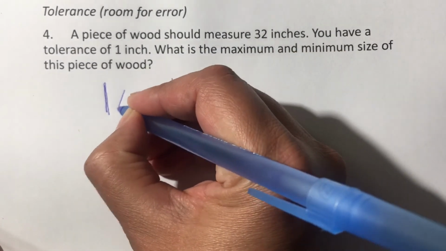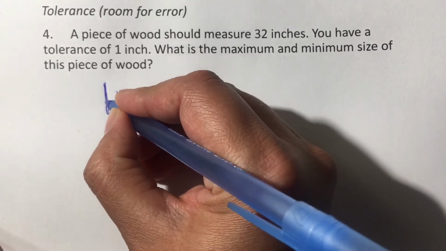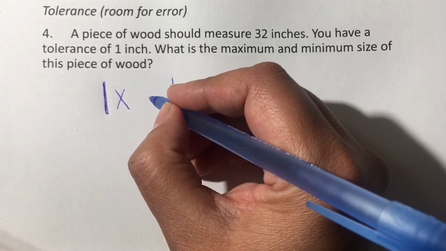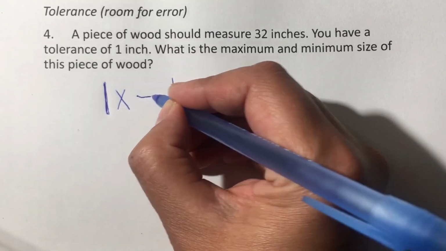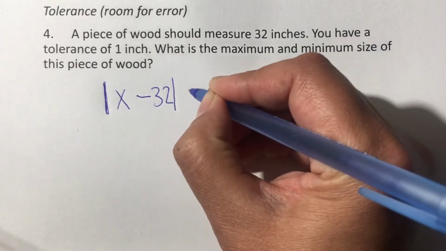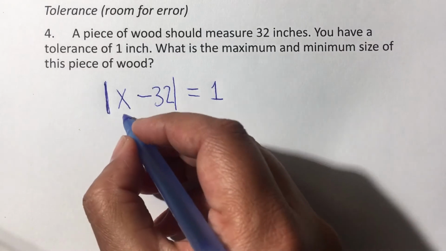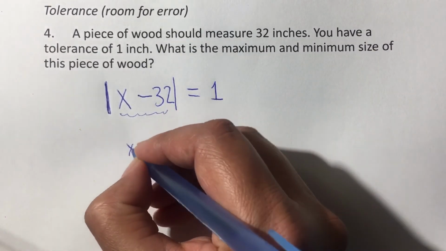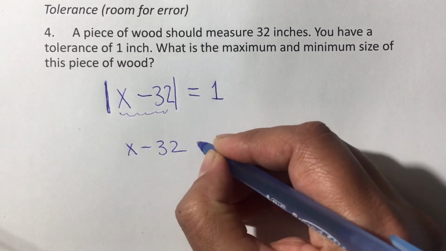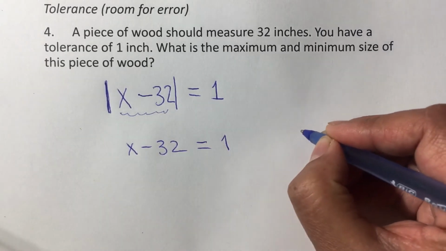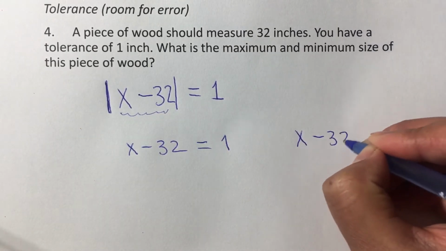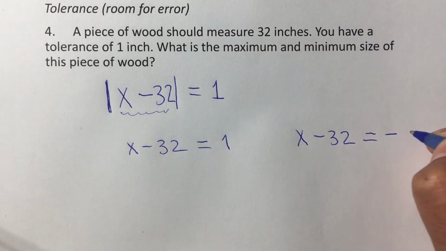So we're looking for numbers that are possible to measure, up to what numbers. And so it's x minus the number that we have, and the tolerance is 1 inch. So we get this: x minus 32 equals positive 1, and x minus 32 equals negative 1.